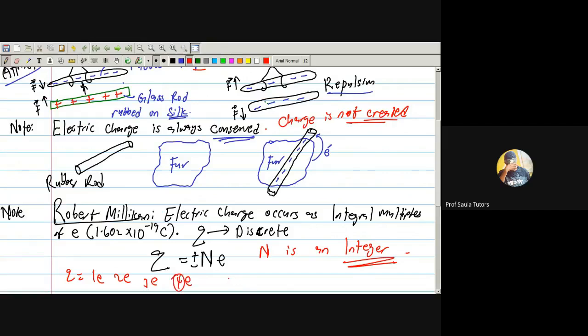Now check, is this an integer? 1.6 times 10 to the power 2, is that an integer? Exactly, that's 162. It will always be an integer.